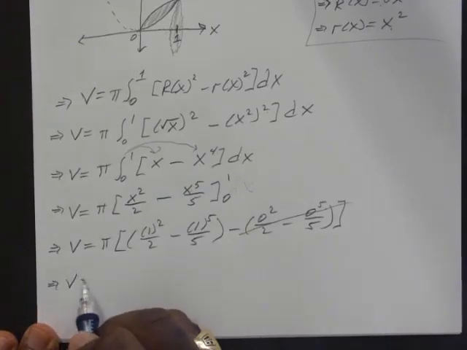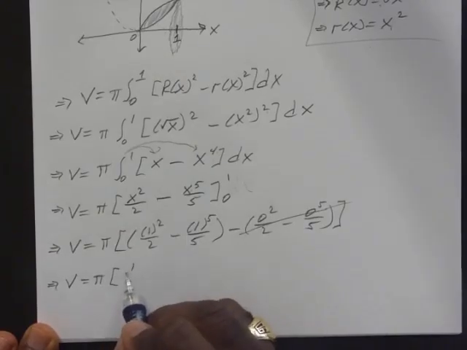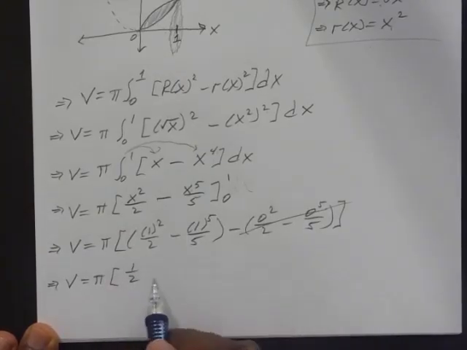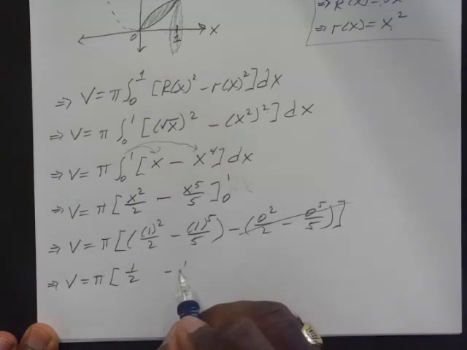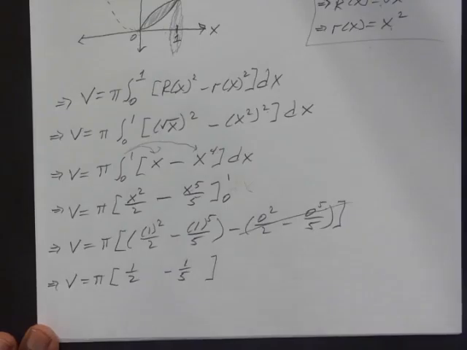So we end up with volume being equal to pi times 1/2 minus 1/5. Because in order to subtract those, we have to have the same denominator.